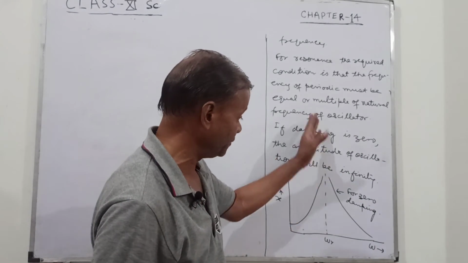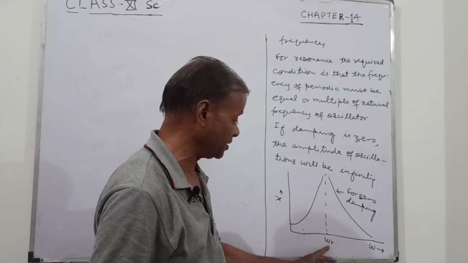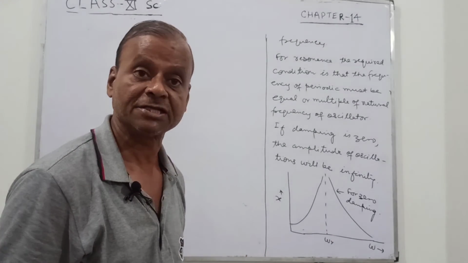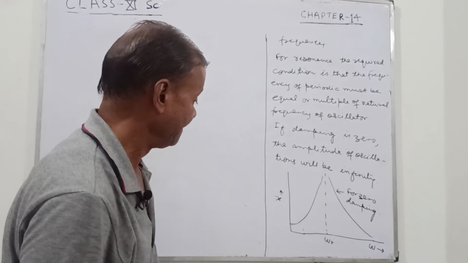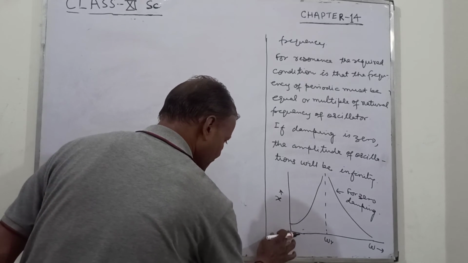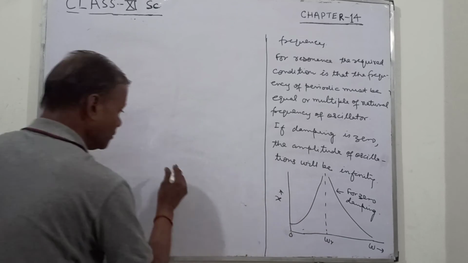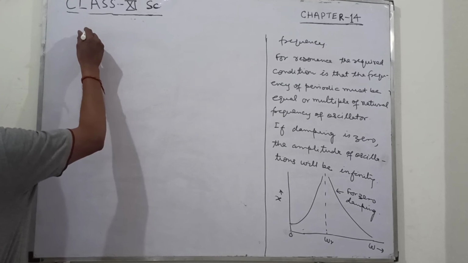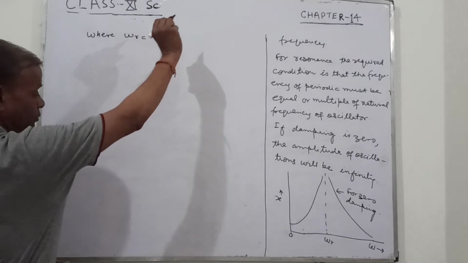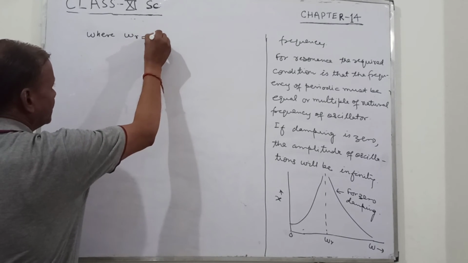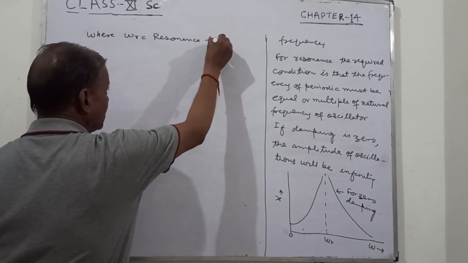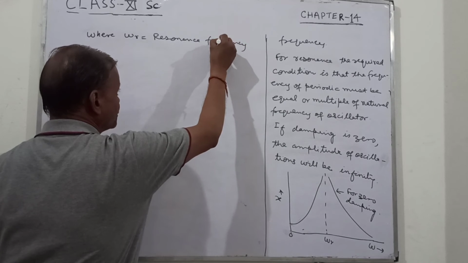So the peak goes to infinity, and in this case a very intense sound is produced, where omega is equal to the resonance frequency.